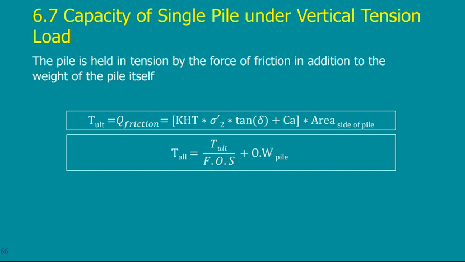Okay? But you will find that here we added something, the own weight. Why? Because I already lost part. For the compression, I have friction and end bearing, so it is a considerable amount. But if I tell you what is the tension, you will tell me the tension is the friction only. What about the end bearing?